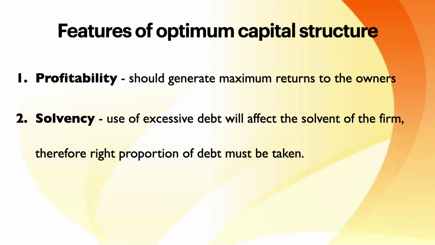So I need to draw a line, a balancing point, to decide how much debenture as a part of my capital structure will help me achieve the solvency of the firm.